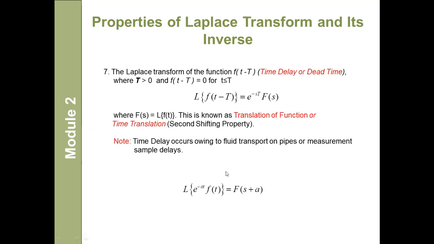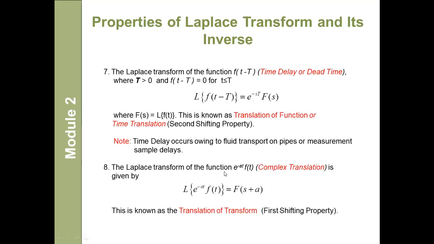property. So the next properties, the 7 and the 8 properties, are actually in your advanced math referred to as the first shifting property and the second shifting property. What is the first shifting property? It happens when your original function is multiplied to an exponential function.